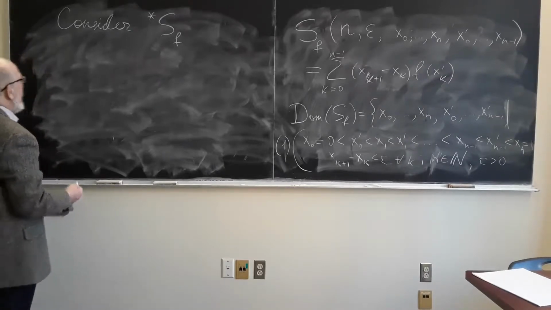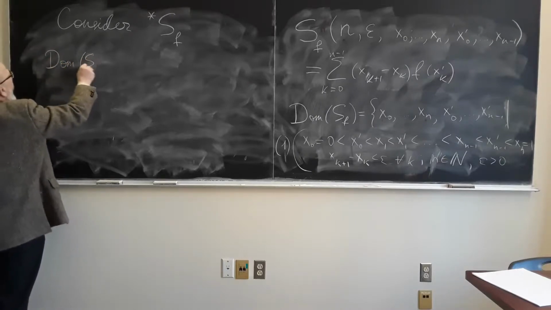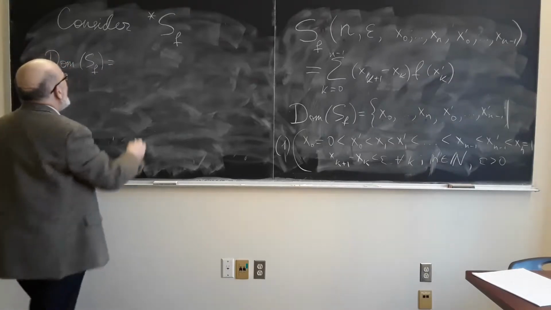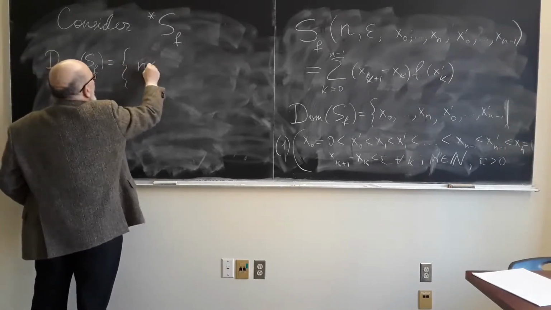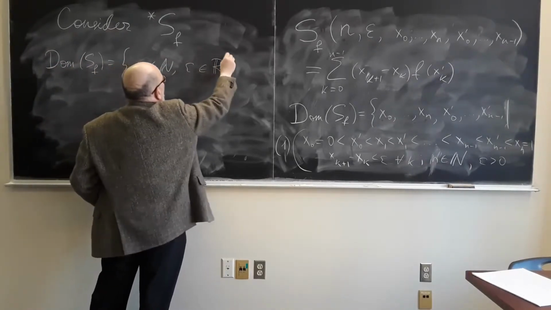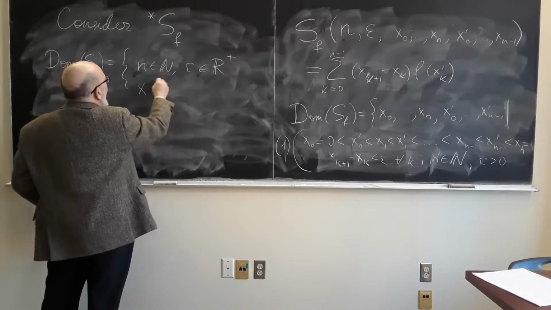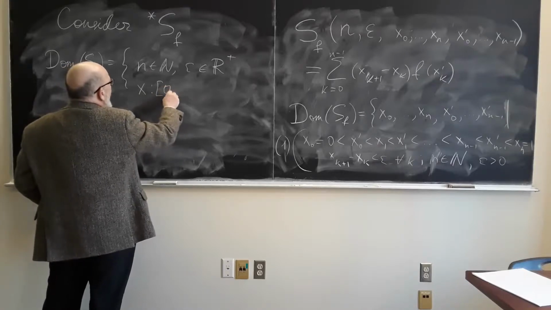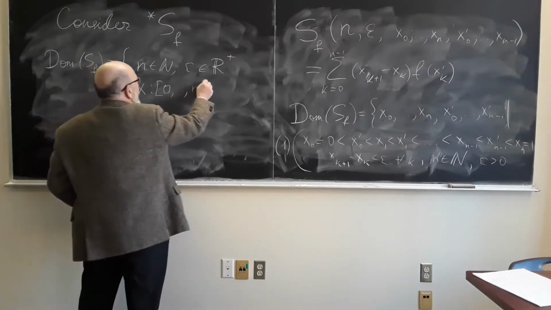So we consider S_f as the following: n, epsilon in R plus, and we have a sequence x from the set 0 to n.